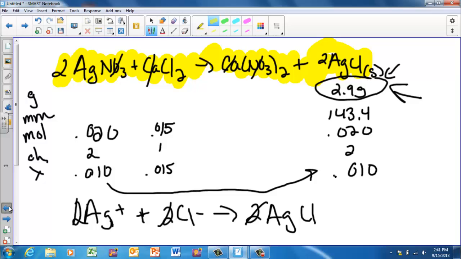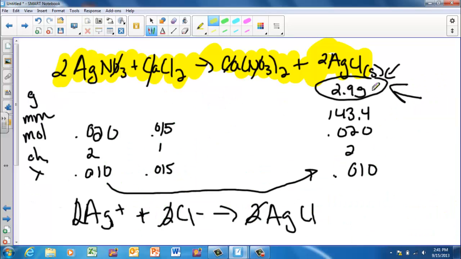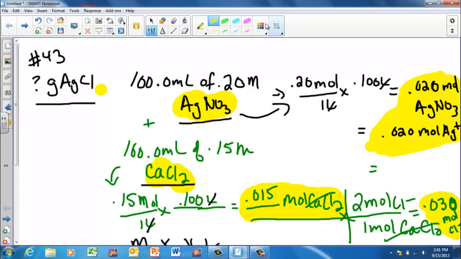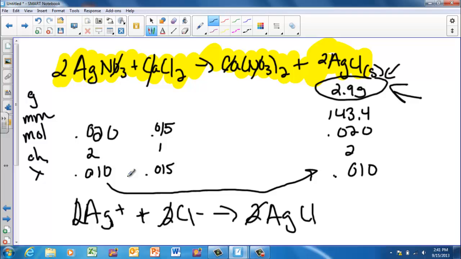Okay, so the first question wants to know how many grams of silver chloride. I took the moles of the compounds, the 0.020 moles of silver nitrate and the 0.015 moles of calcium chloride, because when I'm dealing with grams of precipitate, I have to keep those in mind.